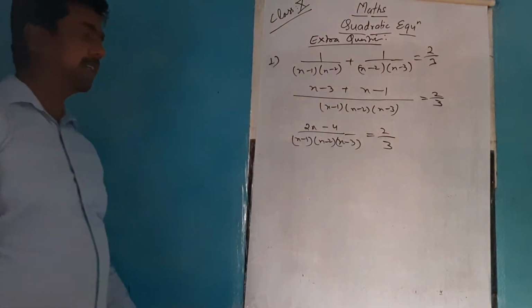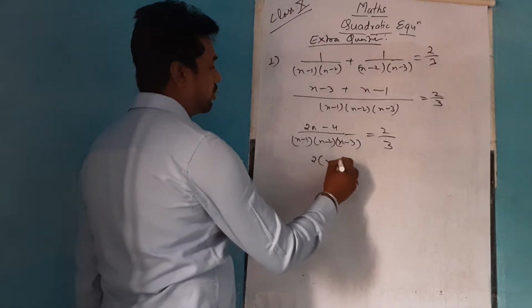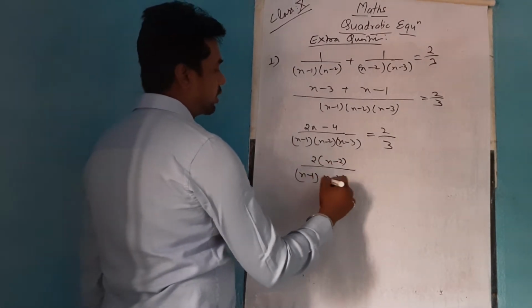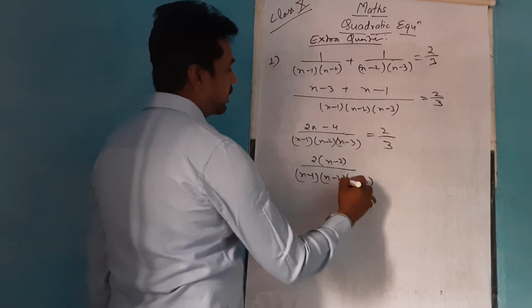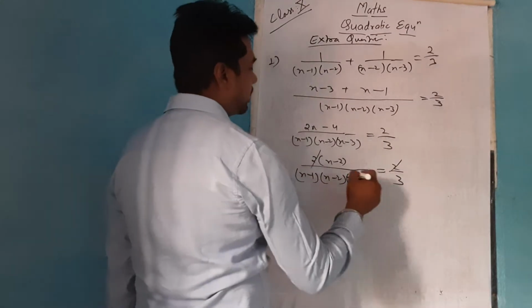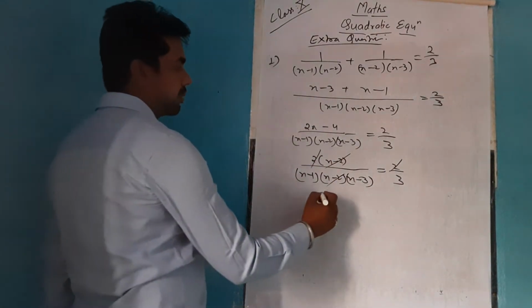As you clearly see, 2 can be taken out as common from the numerator: 2 times (x minus 2), upon (x minus 1)(x minus 2)(x minus 3), equals 2 by 3. 2 is cancelled from both, (x minus 2) is cancelled. Now we will cross multiply.